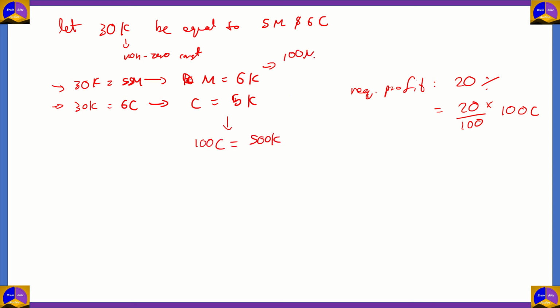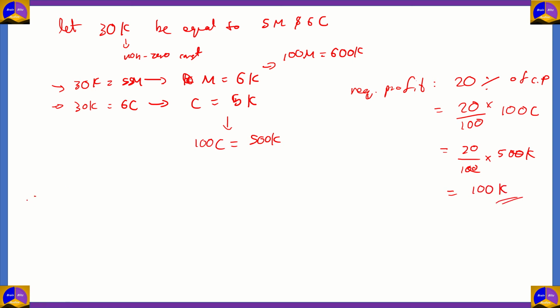Similarly, 100M equals 600K. Just spelling these out so that you don't miss it. So 20% of cost price is the required profit. So 20 by 100 times 100C. We can rewrite that as 20 by 100 times 500K. So we can cut the zeros out. 20 times 5 is 100. So 100K is the required profit.